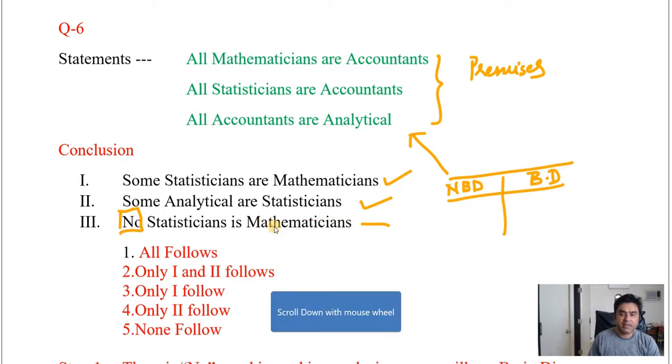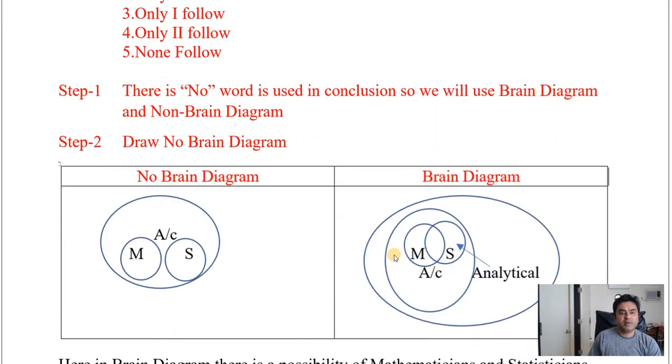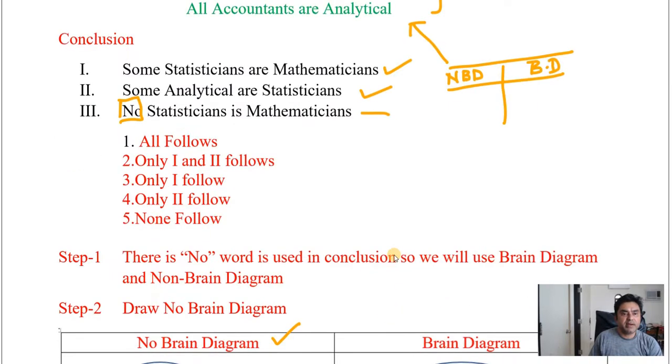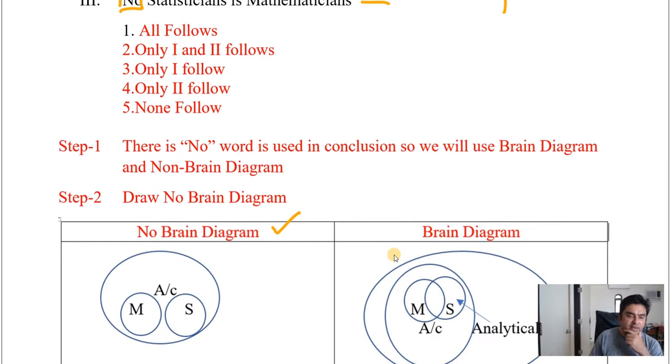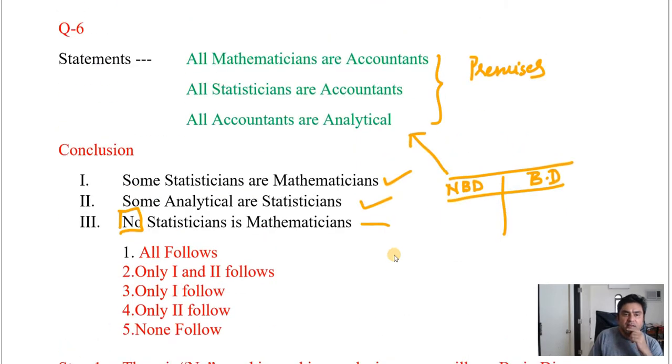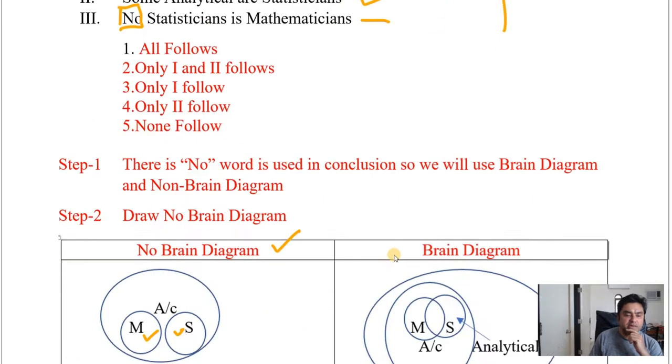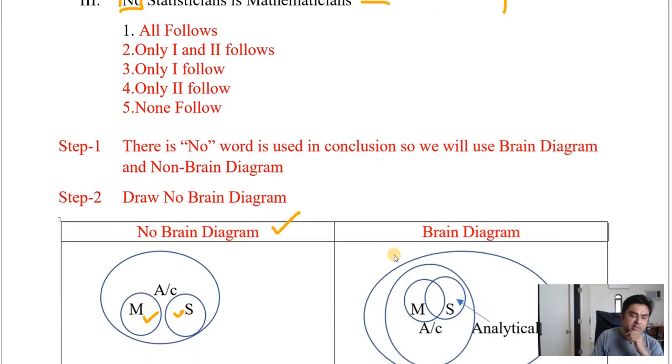Some statisticians are mathematicians. All statisticians are accountants. And no statistician is mathematician. So it is a separate circle.